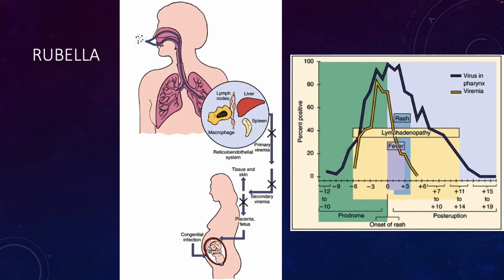Again, when we're talking about an infection in literally anyone else other than a pregnant woman, it's not that big of a deal. Here we see the course of infection: rash, swollen lymph nodes, fever. It really isn't that big of a deal.